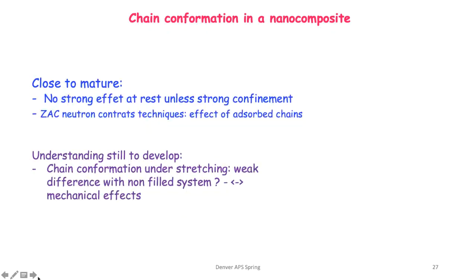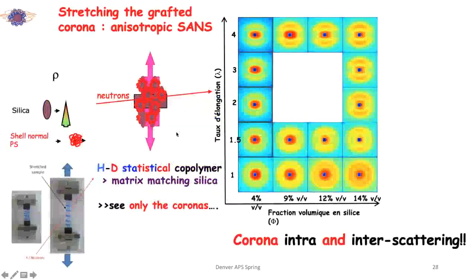So now I have a last thing to show you, which is not really the chain conformation inside the system, but the conformation of the grafted corona around the different nanoparticles.